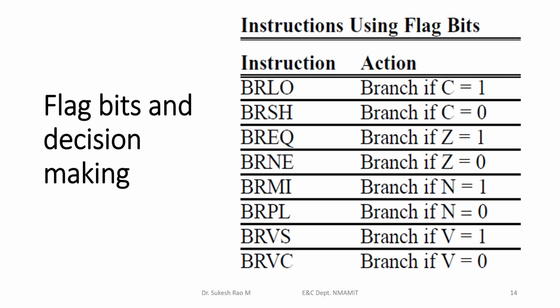These are all instructions that check the flag bits. We can obviously use these with certain arithmetic operations. Before this, we should have some instructions, could be add or subtract. Then we can have these instructions just after that and make a decision based on the logic.